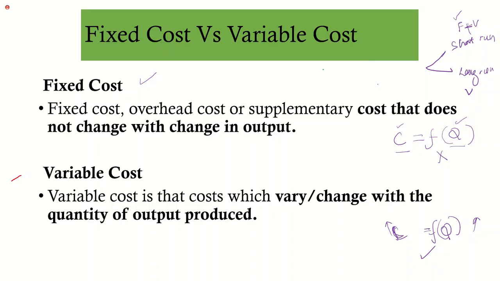We'll call output Q, and the inputs X, any input: fertilizer, land, labor, whatever. We looked at the relationship between quantity and inputs, and we saw that it has a sigmoidal shape, right?